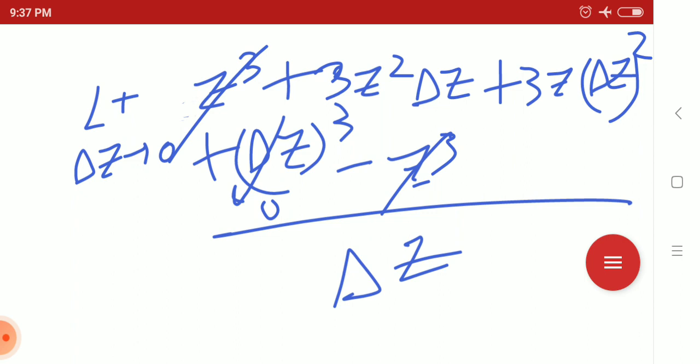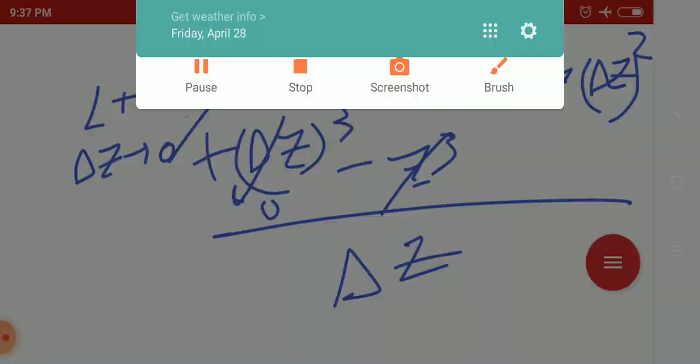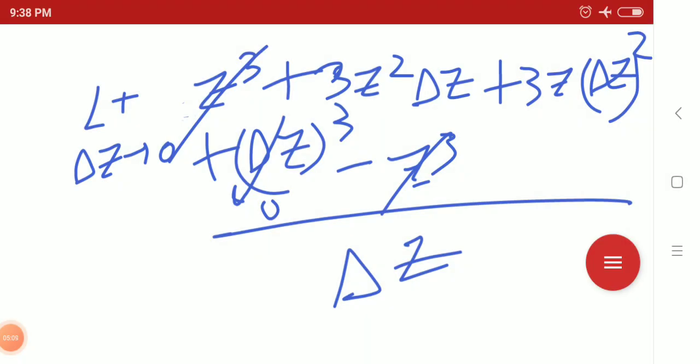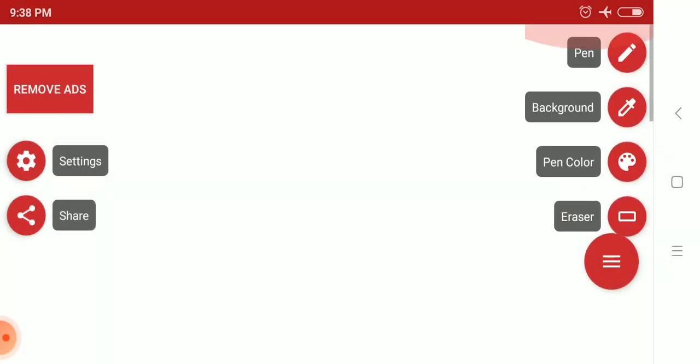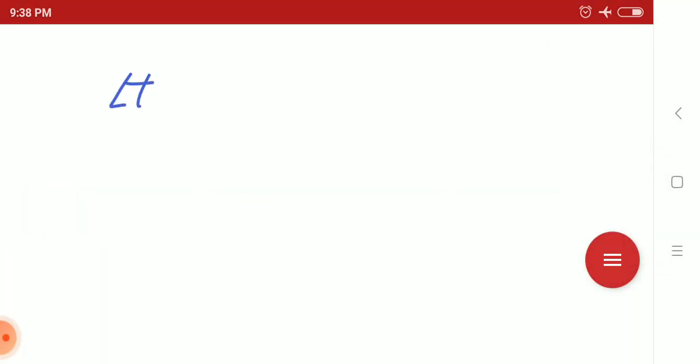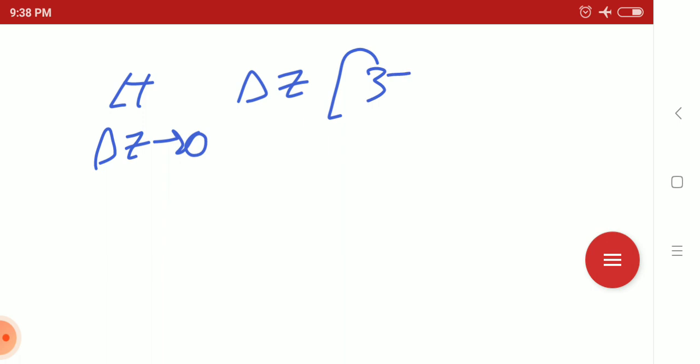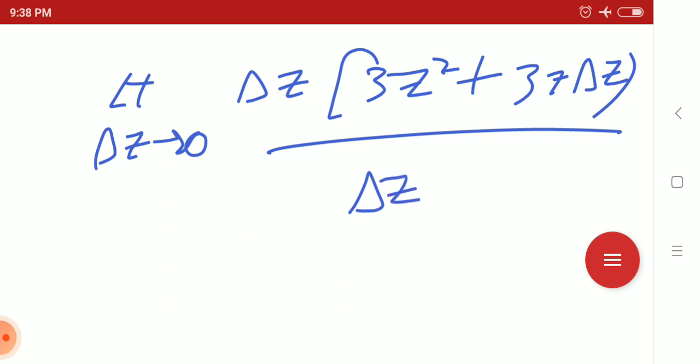Another thing is, if we take delta z common after cancellation, we can write limit delta z tends to 0, and we will get 3z square plus 3z delta z, and here delta z will be cancelled out.